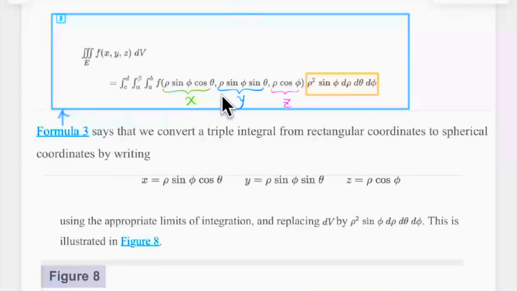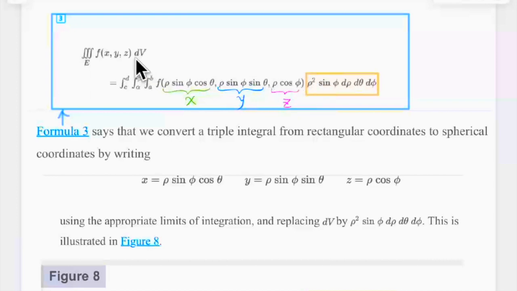Now, this formula here says that we can convert a triple integral from rectangular coordinates to spherical coordinates by writing the x here by this expression, y by this expression, and z by this expression.